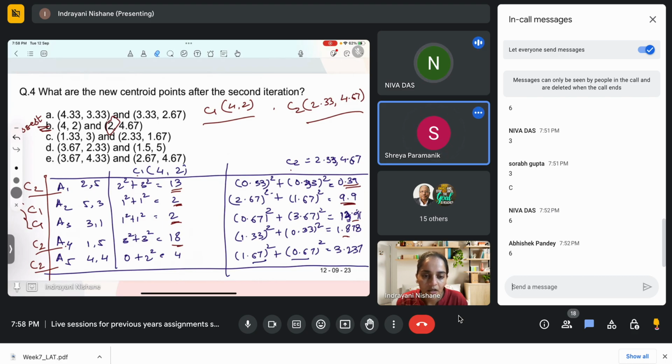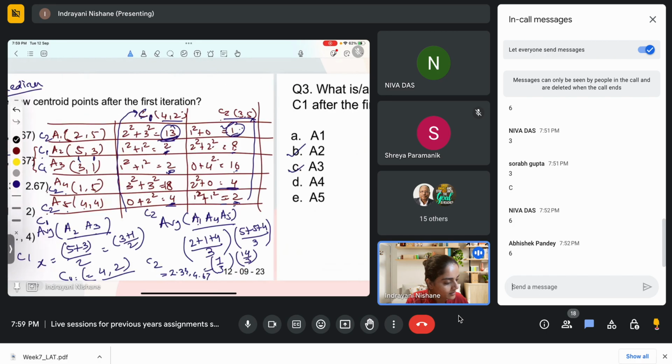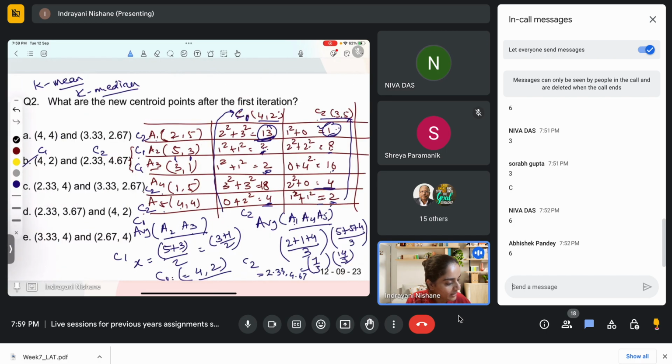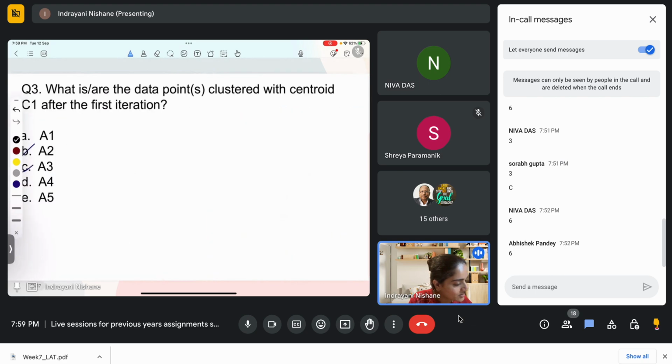It is possible, because when the distance between centroid and your data points is not the same, here these values 13, 2, 2, 18, 4 are different. Oh no, these are same.